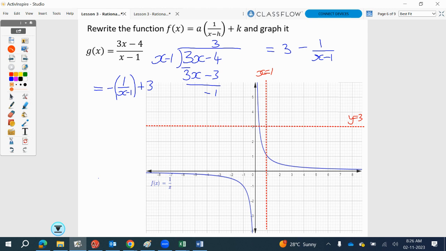Take any value of x, it's better to be closer to the asymptote. Put it into the function and you get the value of y. Can we just put x as 1? Yeah, it's impossible, you just don't take that.